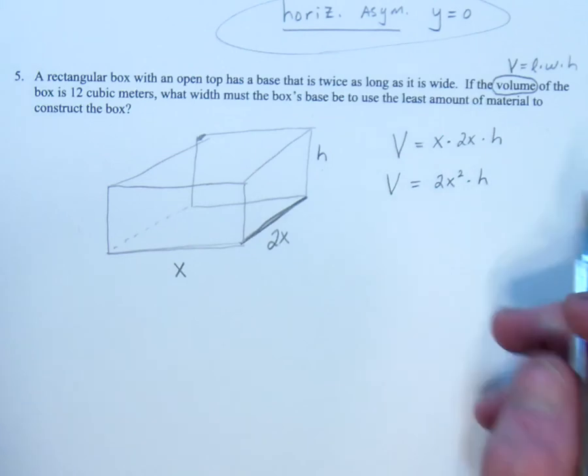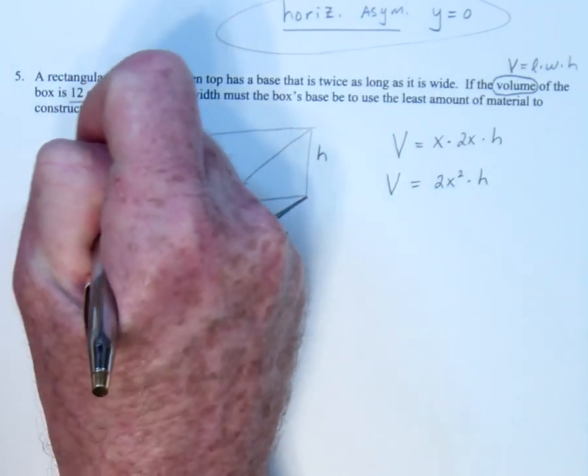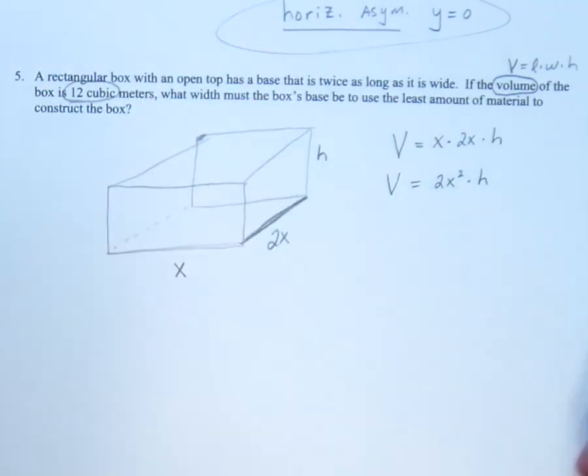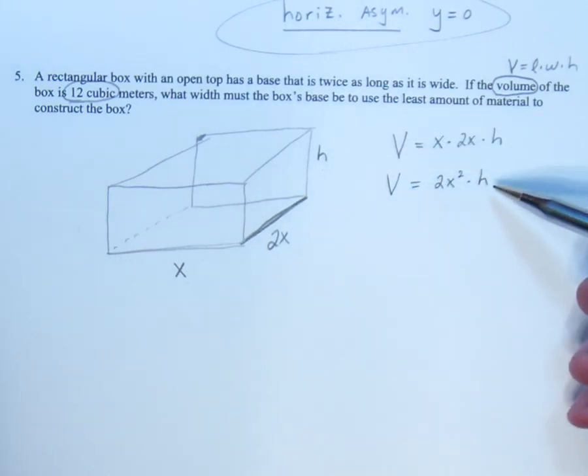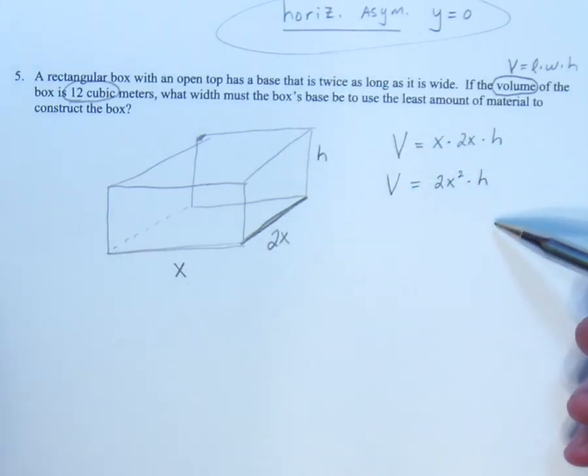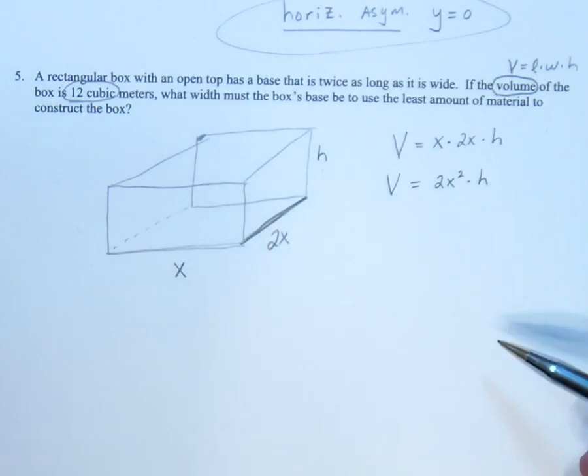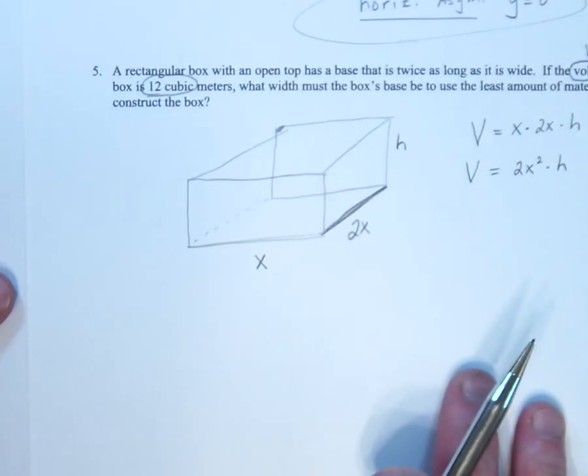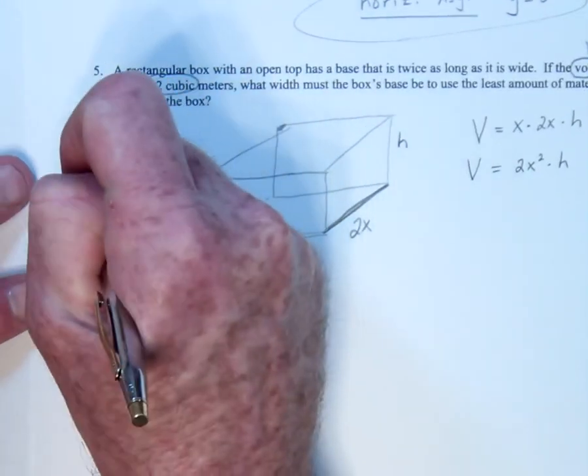And that's going to come from this. It says that the total volume is 12 cubic meters. As I did on the first problem, I'm just going to leave it there, and I'm going to leave some space so I can do the calculus right here. And then somewhere else on the paper, I'm going to do the algebra over here.